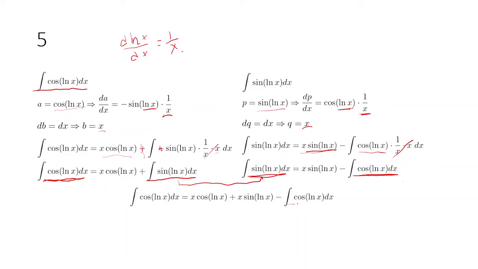Notice that this term is equal to this term, so we can just move it to the other side. And notice that we can also factor out x from both of these equations.